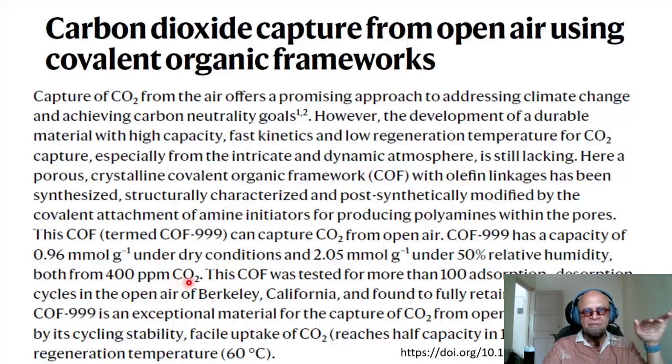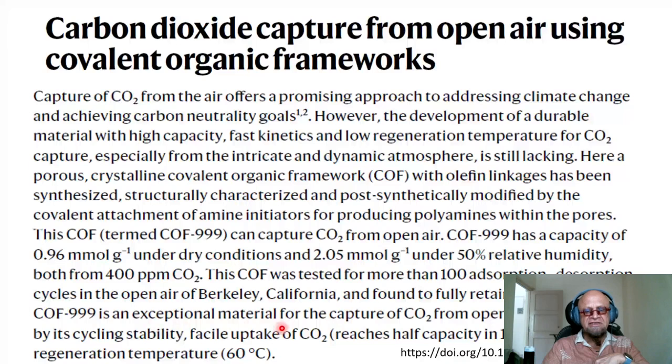So they have set a background level, dry air, moist air, because the framework, I guess, takes in both water vapor and CO2. Obviously, CO2 is highly soluble in water as well. This COF was tested for more than 100 adsorption-desorption cycles in the open air of Berkeley, California, and found to fully retain its performance. So field experiments have been done.